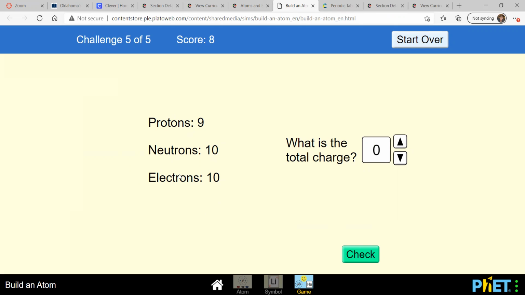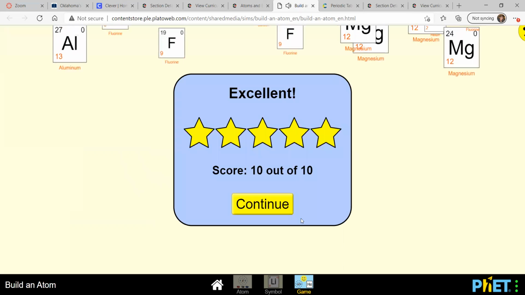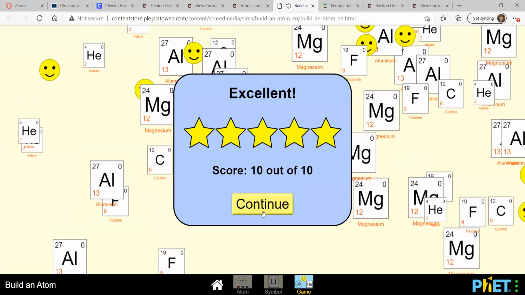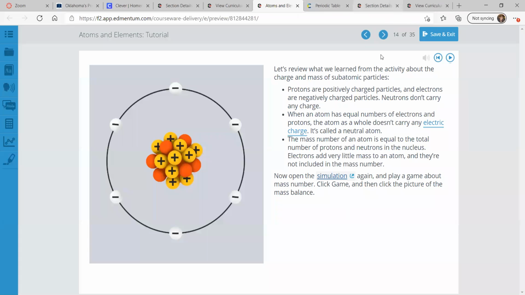Now we only look at the protons and electrons because they have a charge. There are more electrons, just one more electron than protons. So it's a -1 charge. Wow. We did so well. Yeah, it's a fun game to check your understanding.